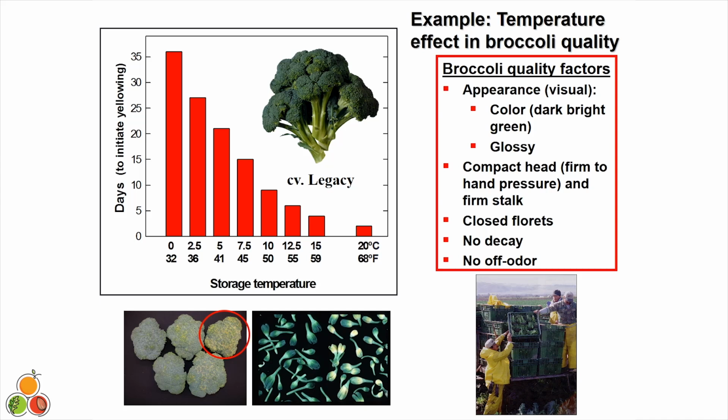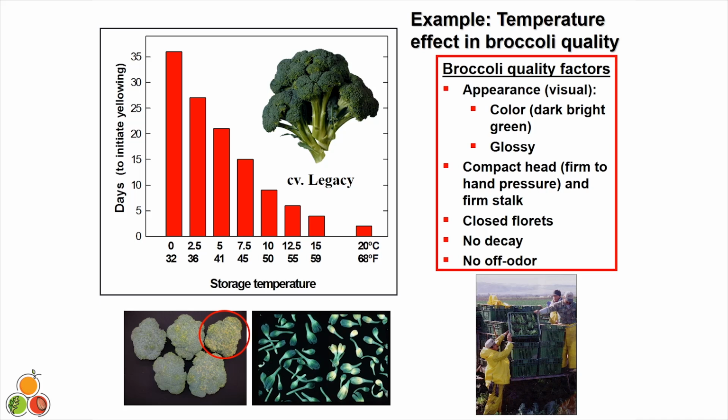Temperature-sensitive products are typically tropical fruits, cucumber, tomato, papaya, and so on. It's encouraged to keep this produce at a slightly higher temperature, around 10 degrees Celsius, while all the other non-temperature-sensitive products are kept very close to 0 degrees or even below.